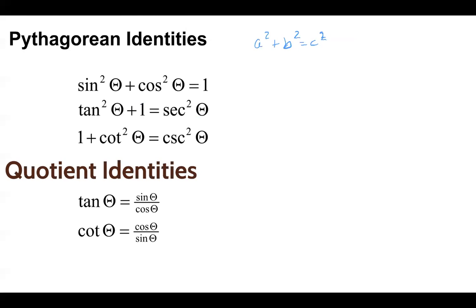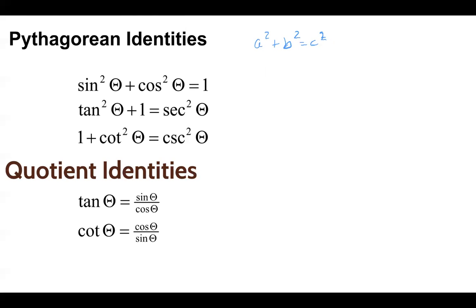And I've got to point out that theta can be x, it could be y, it could be any variable. But a lot of times in trig, we use theta. But I do notice that in ALEKS, they use x a lot. So that's fine. It's just easier to write. Just be careful with the x's. So sine squared x plus cosine squared x is equal to 1.